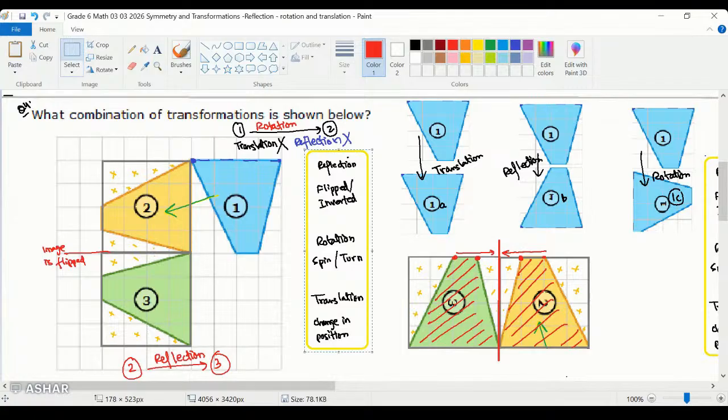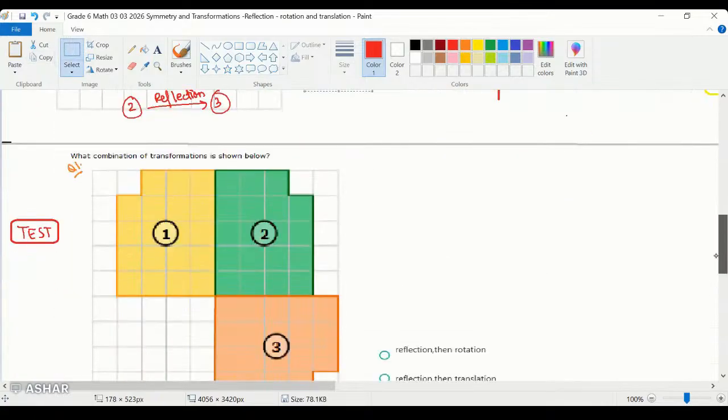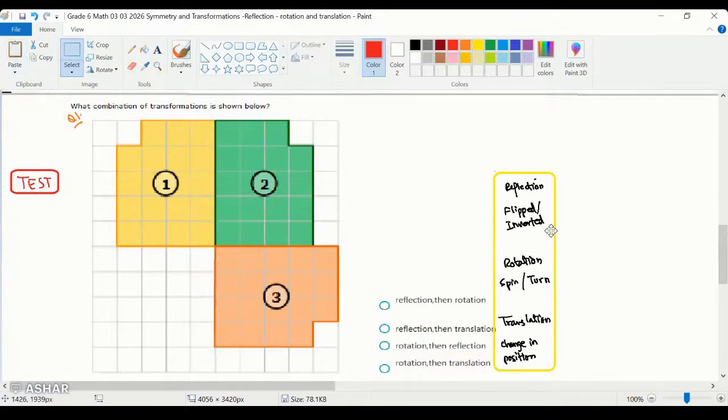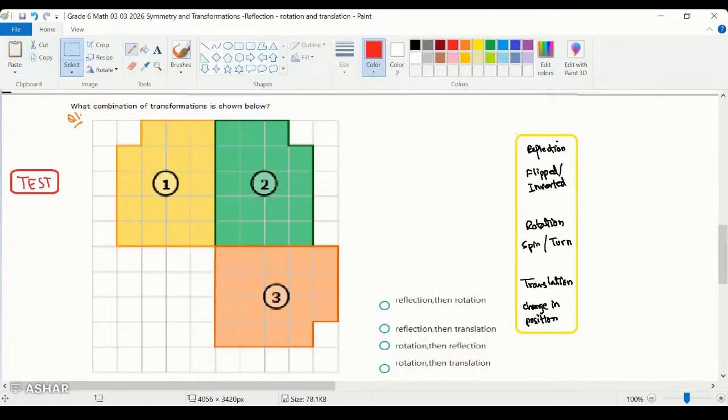We know what happens in reflection, rotation, and translation. So 1 goes on to 2. What is happening if 1 is translated? If 1 is flipped onto 2, right?